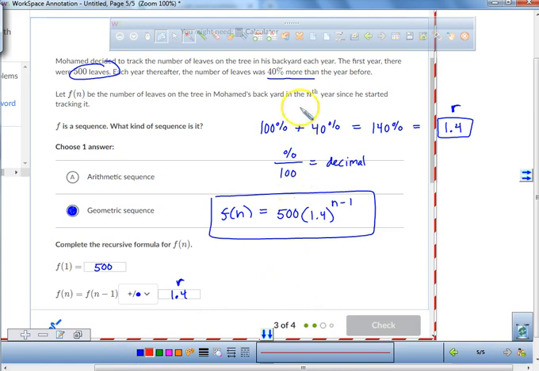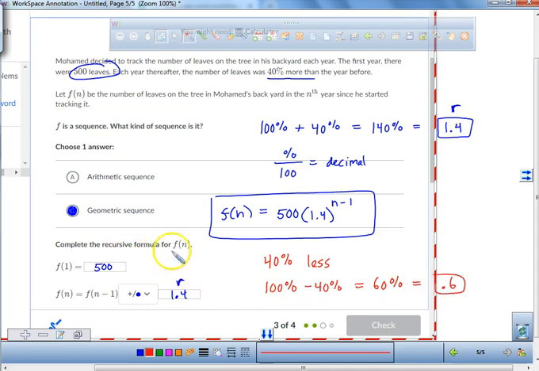Now what I'm going to do is I'm going to change colors here. And what if it wasn't more than? I'm doing a what if, okay, for our journal. What if it was 40% less? So if it's 40% less, then I got to do what? 100% minus 40%, which leaves us with 60%, and that decimal is 0.6.